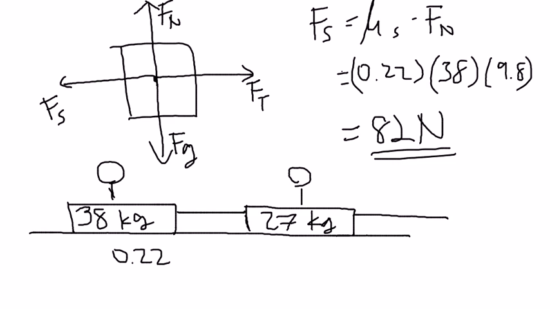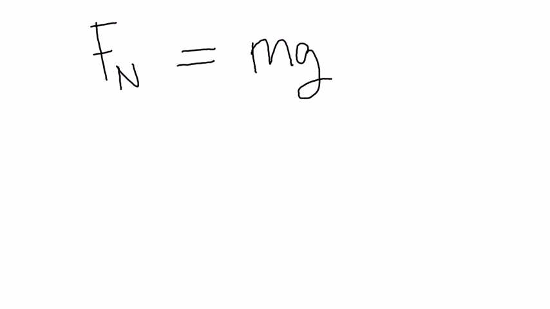It is important to keep in mind that the normal force does not always equal mg. On a flat surface, yes, Fn equals mg because the force acting down will equal the normal force acting up.